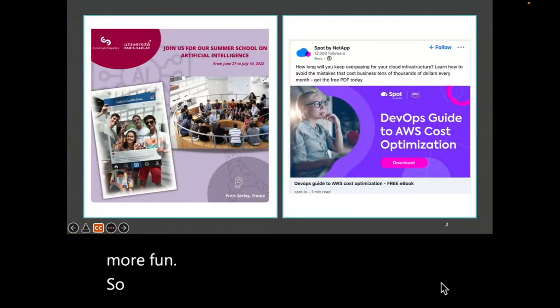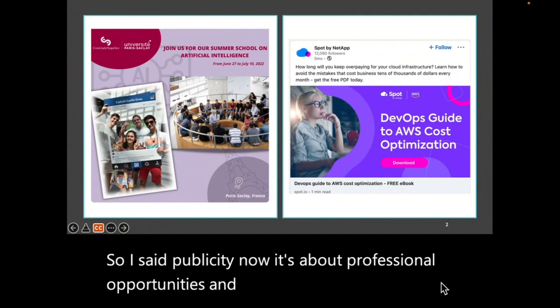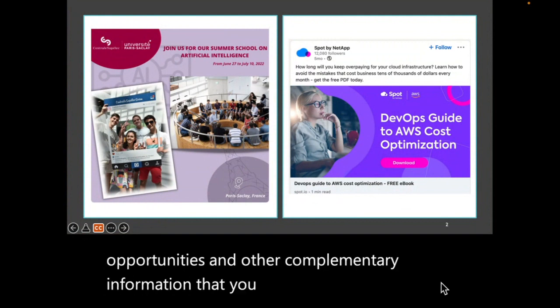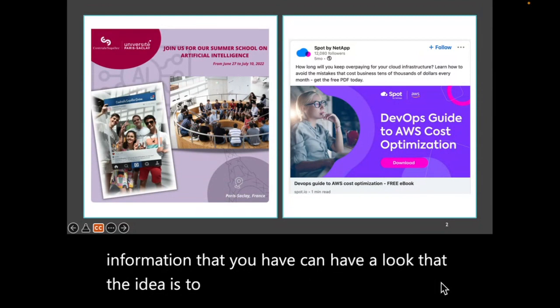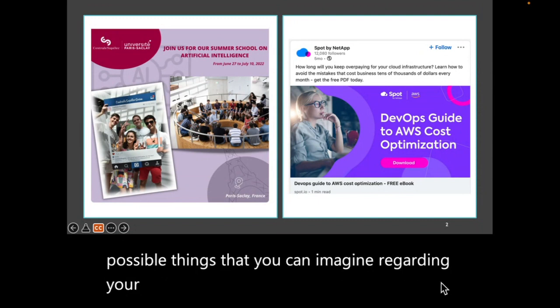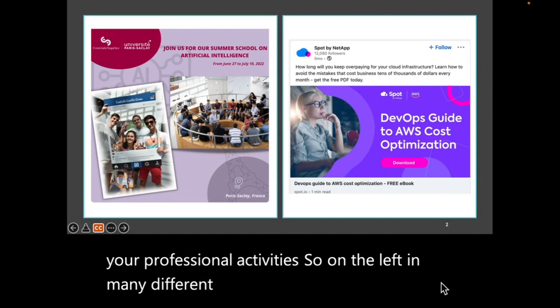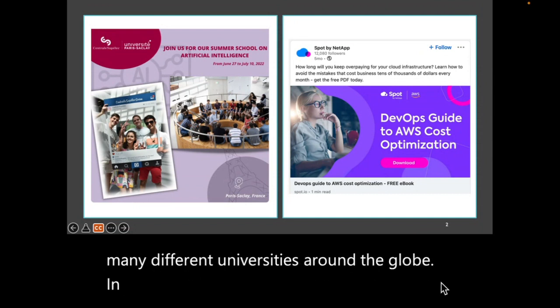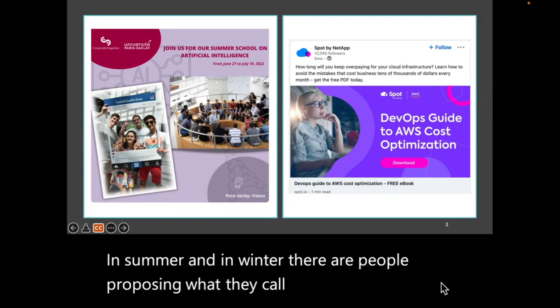As I said, now it's about professional opportunities and other complementary information that you can have a look at. The idea is to connect you to ideas about possible things you can imagine regarding your professional activities. On the left, in many universities around the globe, in summer and in winter, there are people proposing what they call summer schools or winter schools.